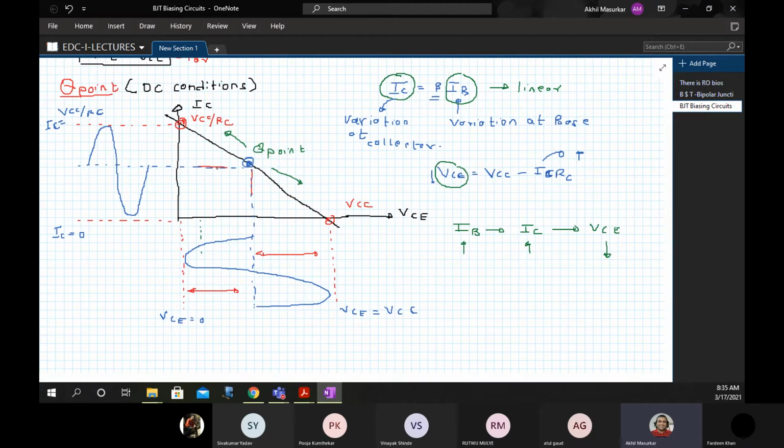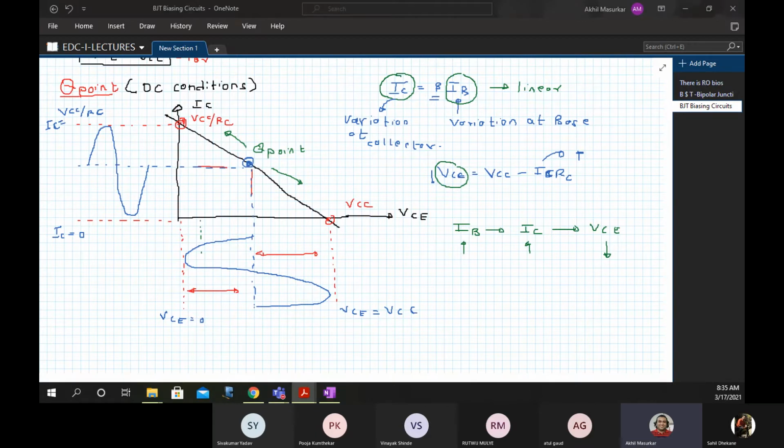Therefore, in most cases, the Q point needs to be at the center of the DC load line. Most of the times we will have biasing circuits which ensure that the Q point is at the center of the DC load line. So this is very, very important.